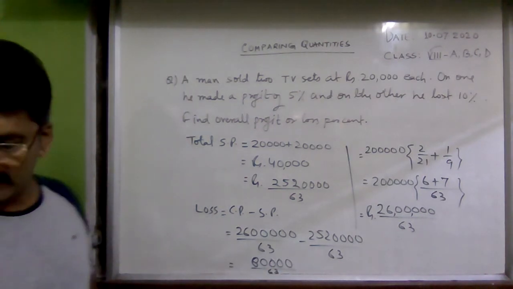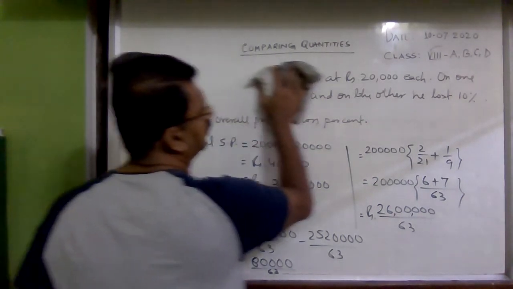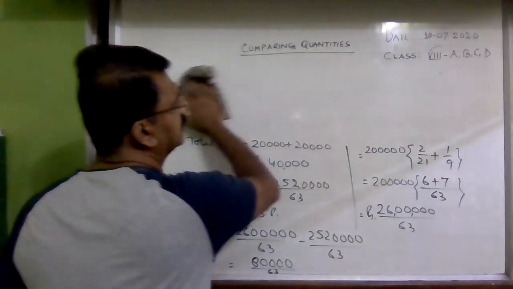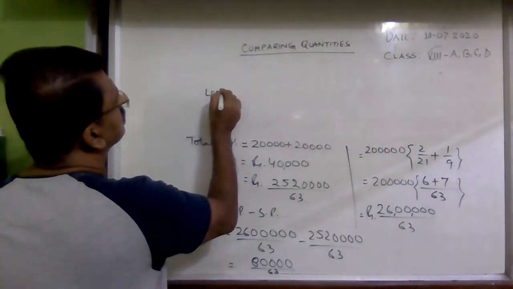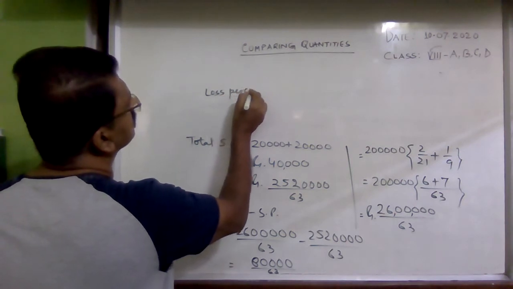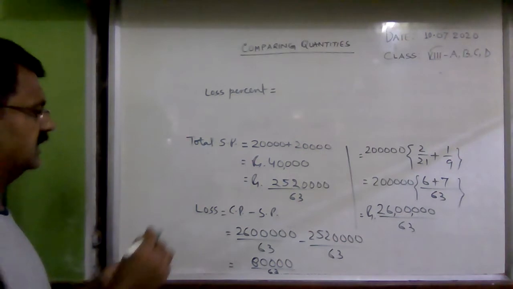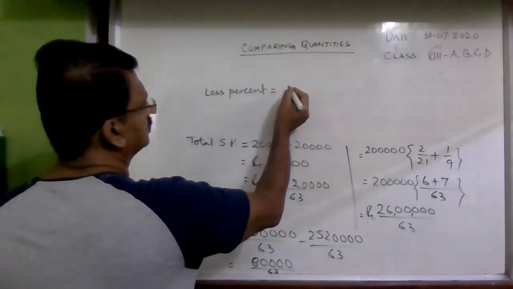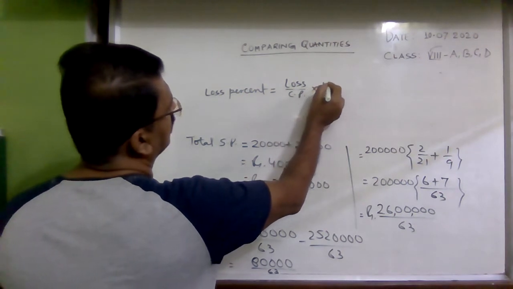Now we have to find the loss percent, overall profit or loss percent. So we have to find the loss percent. Loss percent is loss upon CP into 100.